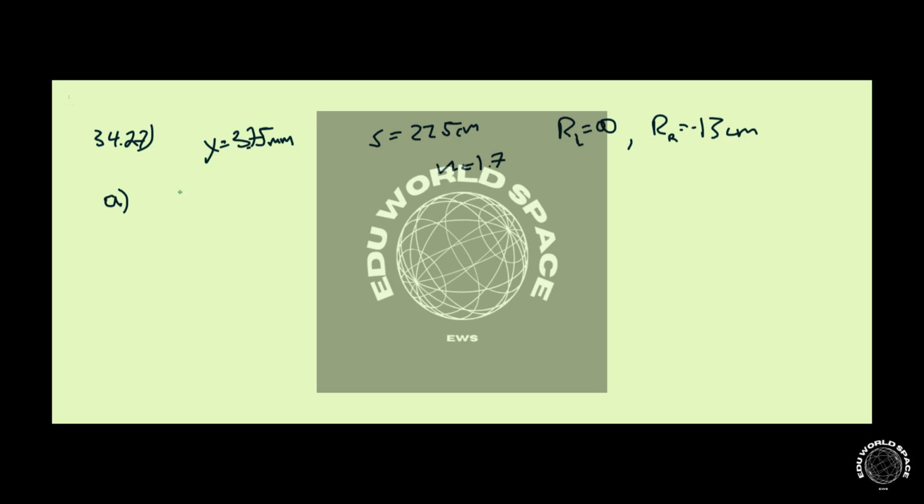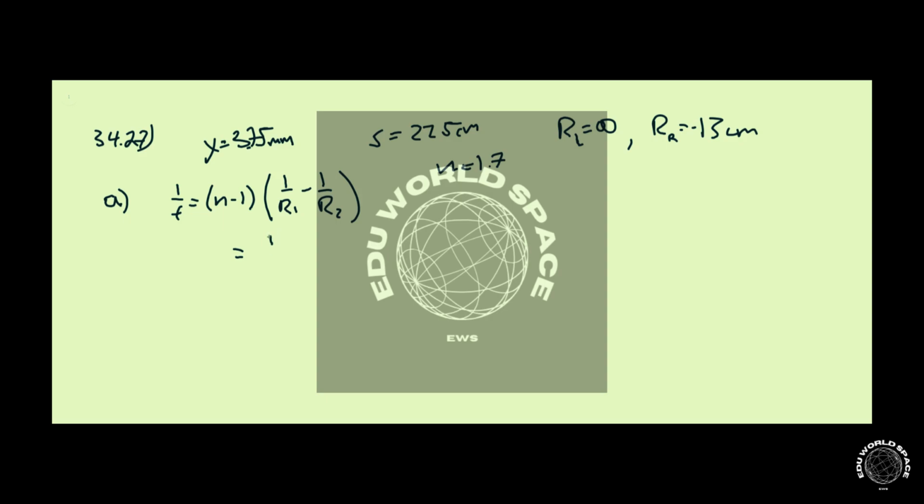To start, we're going to need to use the lens maker equation. So we have 1 over f equals n minus 1, times 1 over R1 minus 1 over R2. Let's use this equation to figure out the focal length of our lens. Now, the first R1 is always the first interface we're entering, and that's the left side, and it already said the left side is flat.